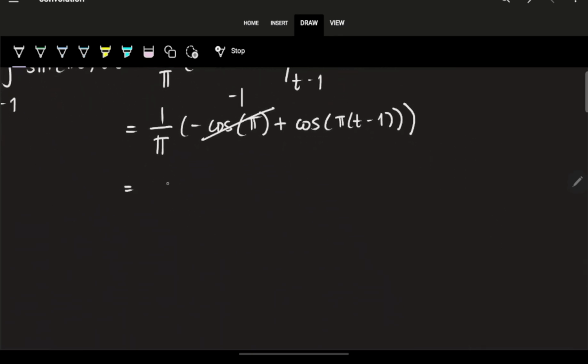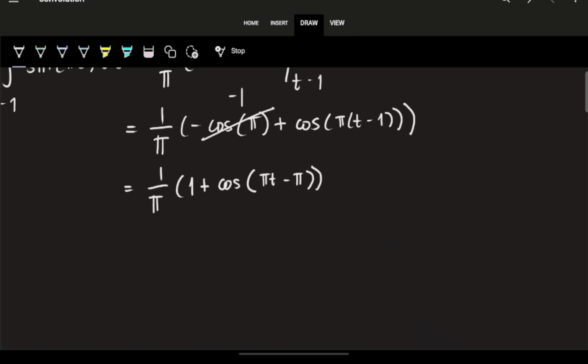So, we have 1 over pi. So, we have 1. Next, plus, we have cosine of pi t minus pi. But we cannot settle for this answer kasi medyo obscure or vague yung definition ng pi t minus pi natin.